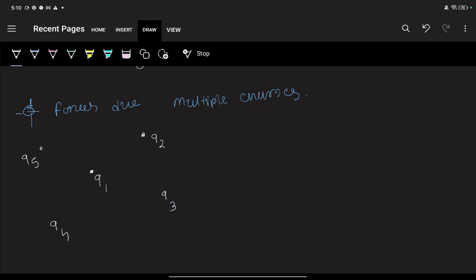Too many charges. So they all will exert force on this charge, right? The fifth one will repel this charge in this direction. We are taking all the charges as positive. We can also take negative charges, but it's okay right now. So this Q4 will exert force in this direction, Q2 will exert force in this direction.